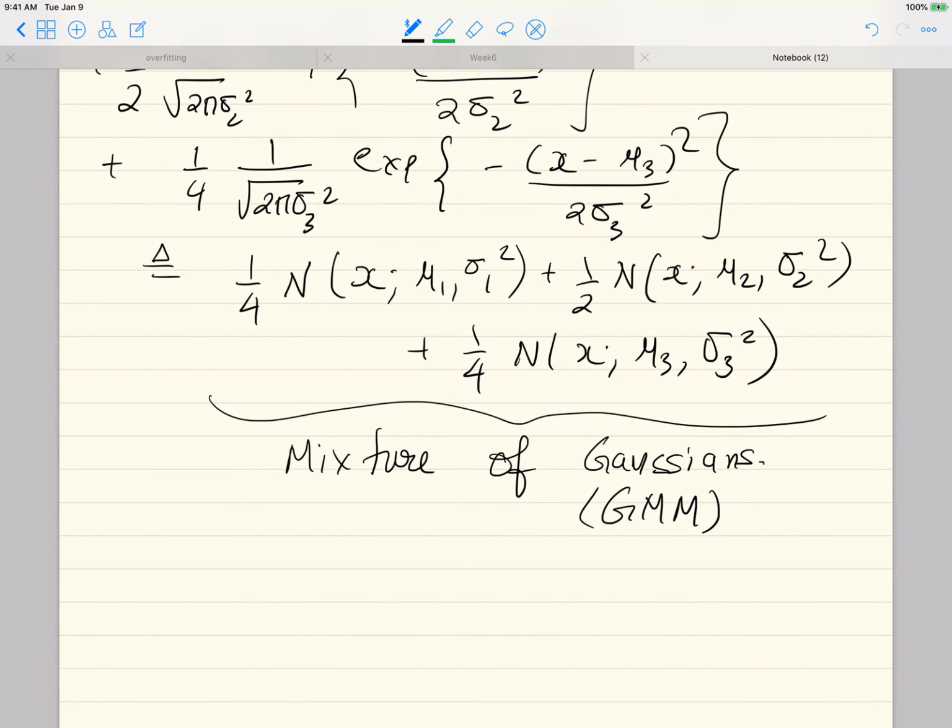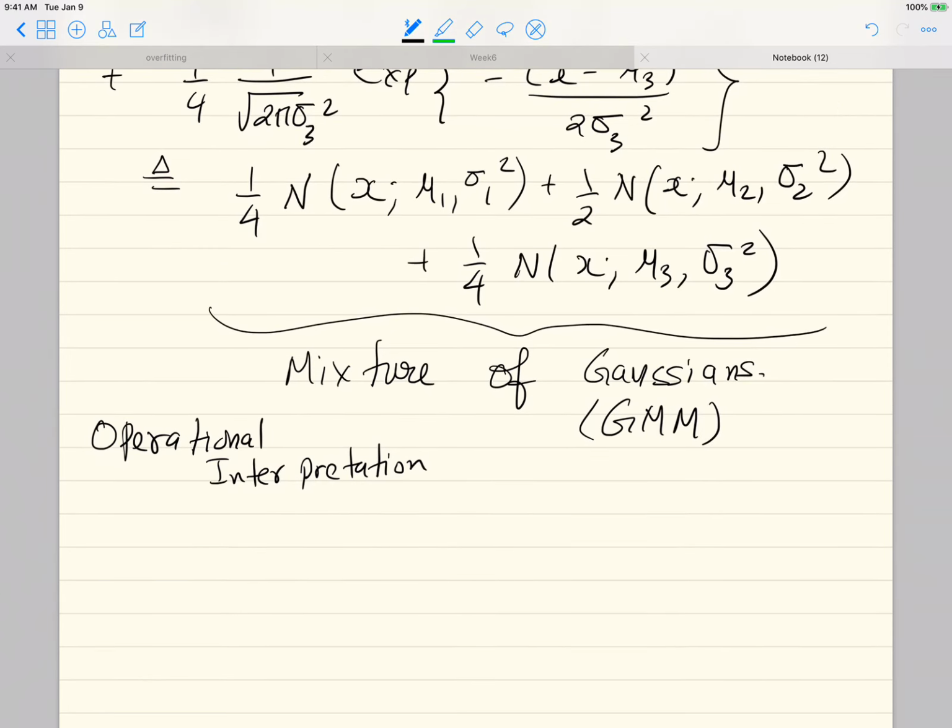So to understand what this Gaussian mixture model is doing, imagine that you want to sample a new data point.